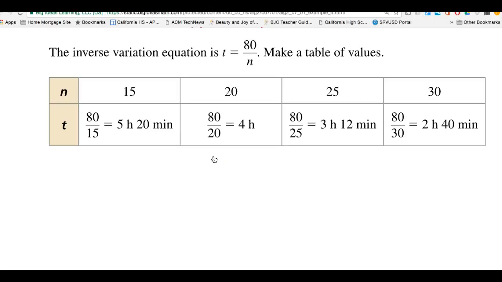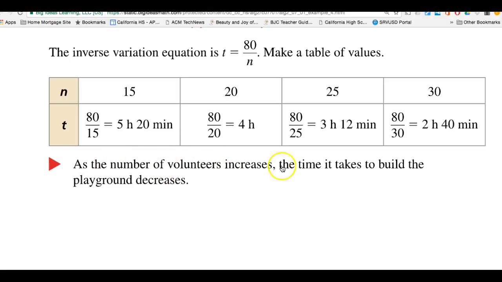If two groups of people are doing the same job and one group has twice as many people, they're going to get done twice as fast as the other group. The group with more people is going to get the work done faster. So as the number of volunteers increases, the time it takes to build the playground decreases. That's your relationship right there.